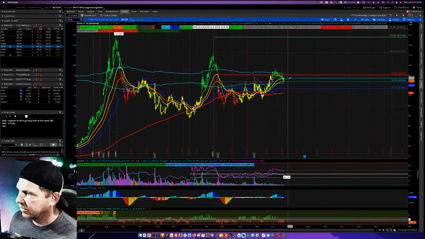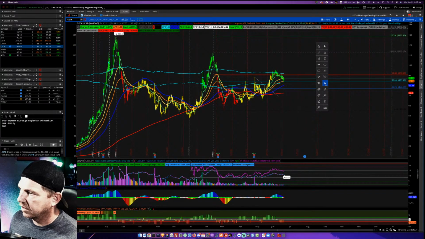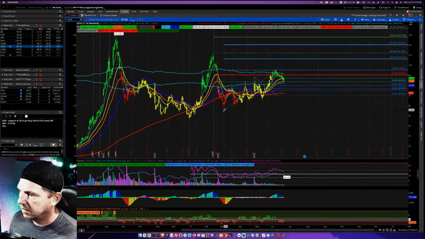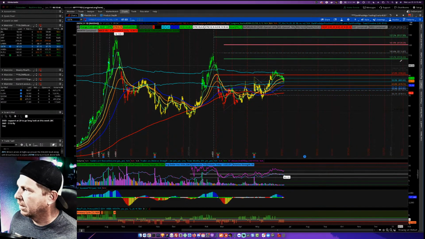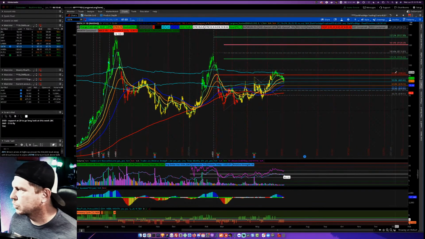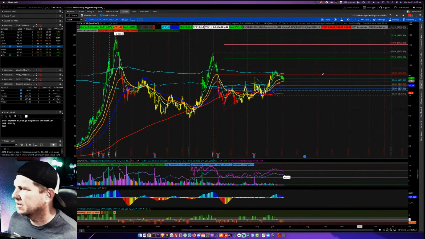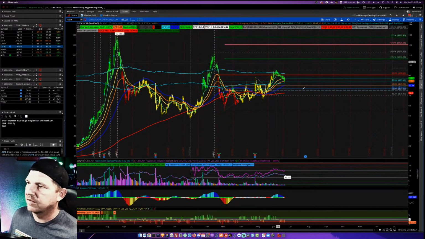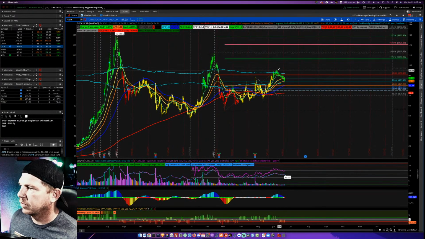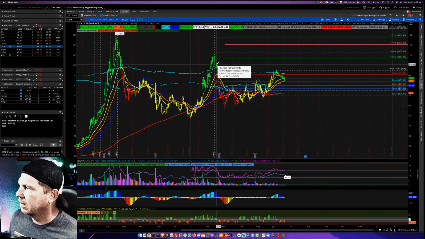Right, this is a nice reversal back to the 50 for the next move up. Looking at a target for this guy here. We want to go from low to high, back down to low. Targeting 106. We're at 87 now. So targets for Overstock for me are going to be previous high, 100, because 100 is a psychological level.